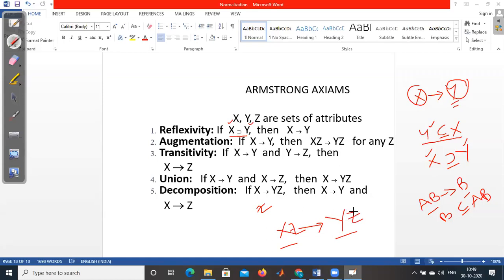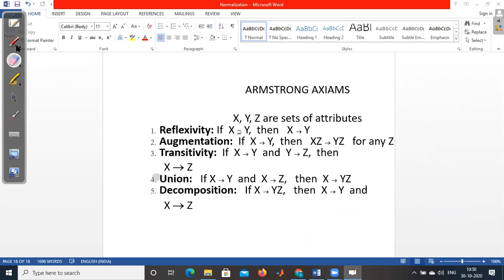So augmenting a new variable Z to the functional dependency X → Y is the augmentation rule. Next one is transitivity, which we already studied. If X → Y and Y → Z, then X → Z. That is the transitivity rule.